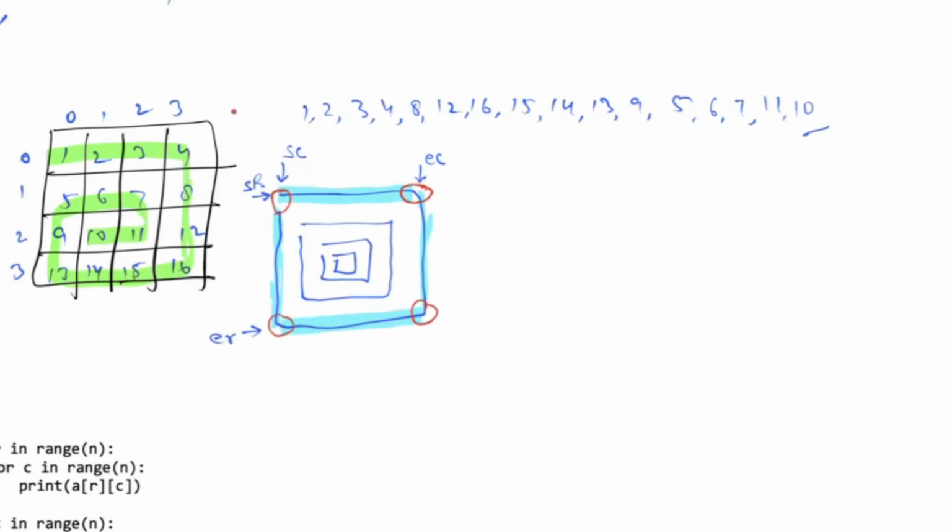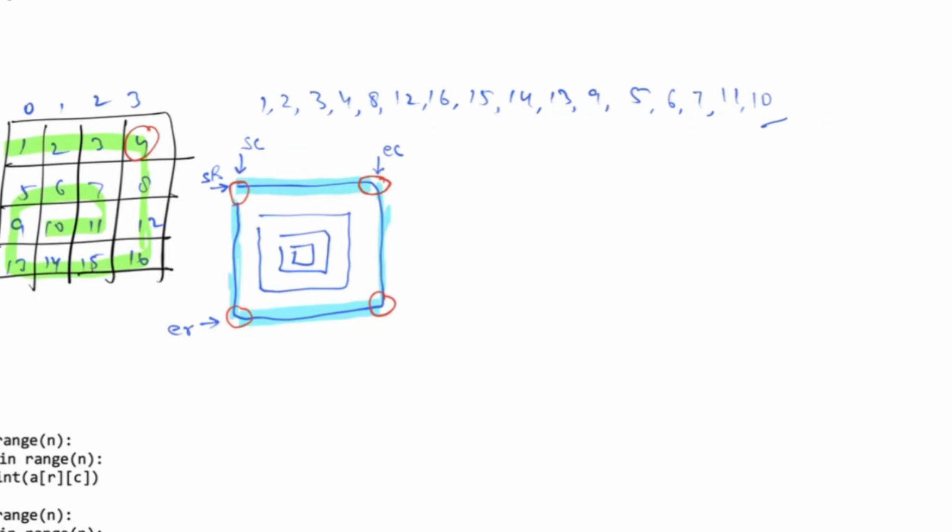Because this corner element 4 is part of the starting row also, and this is part of the end column also, right? So let's say I keep these four variables: starting row, starting column, end row, and end column, right?